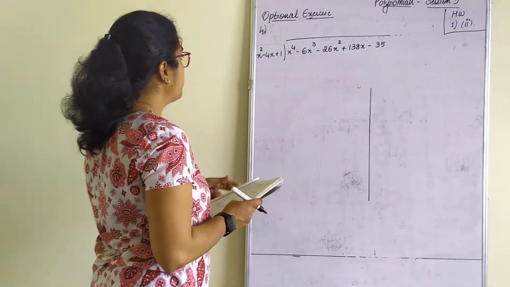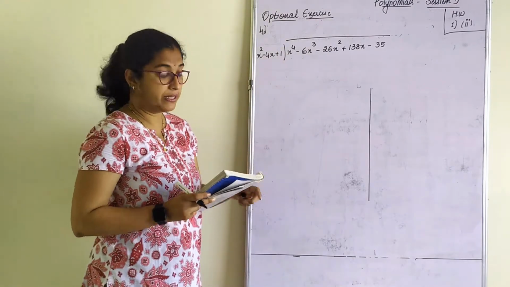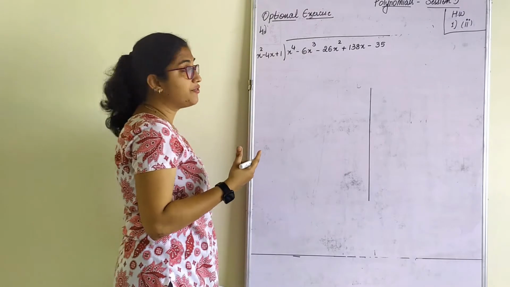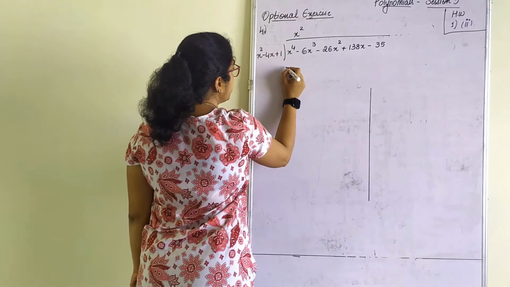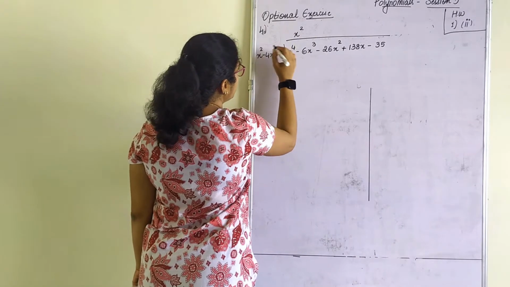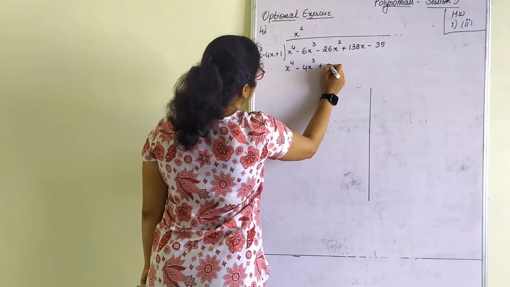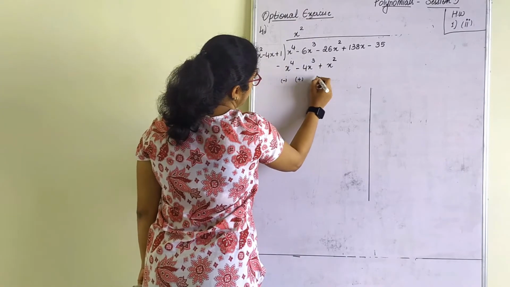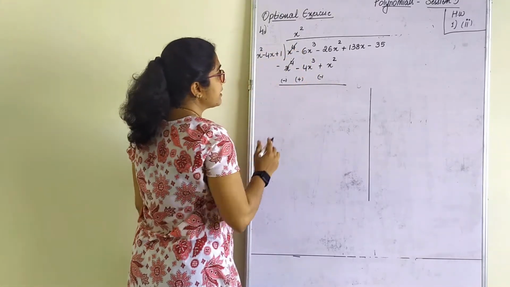So now what we have to do is divide the given polynomial by the factor. Division process we know that. Try to eliminate the first term always. x square into x square will give me x raised to 4 minus 4x cube plus x square. Subtract it, change the sign. So x raised to 4 will get cancelled.